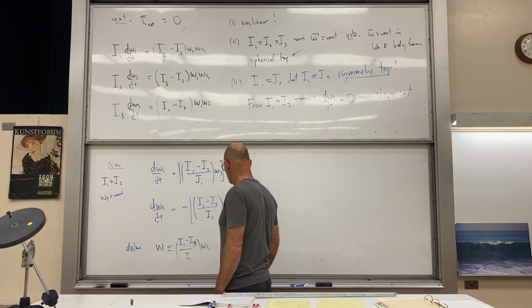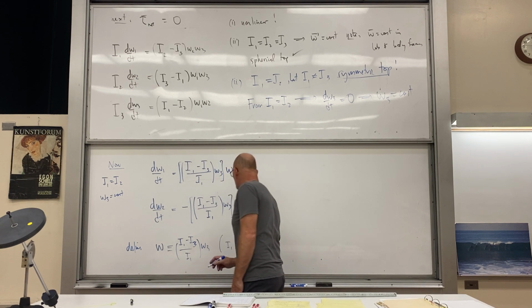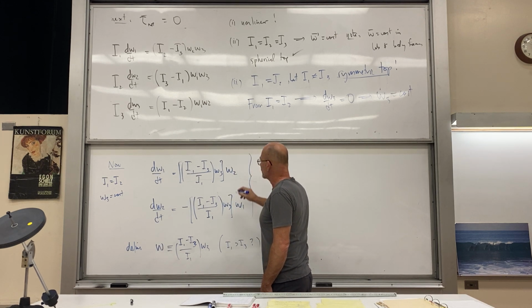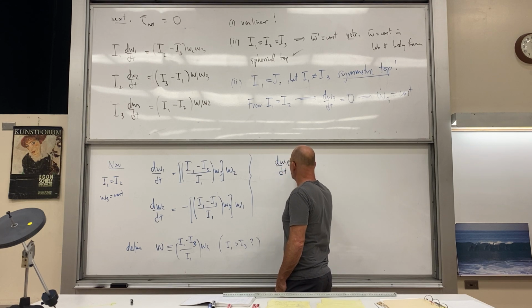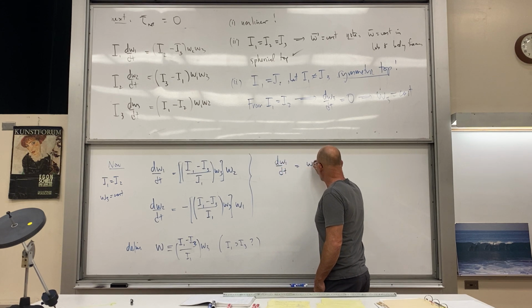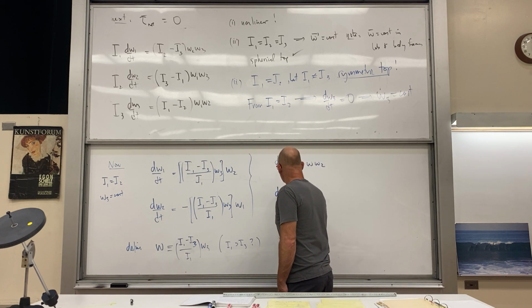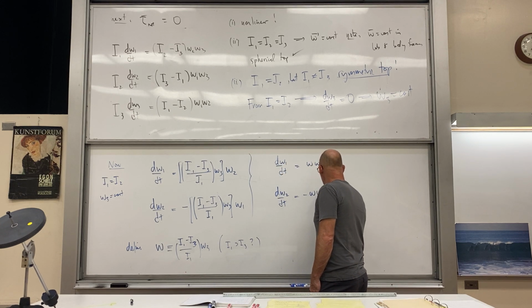Okay. So I1 greater than I3, question mark. As to the ramification, we always come back and deal with that. Good. So what do we have here? d omega 1 dt is equal to omega 2, d omega 2 dt is equal to minus omega 1.